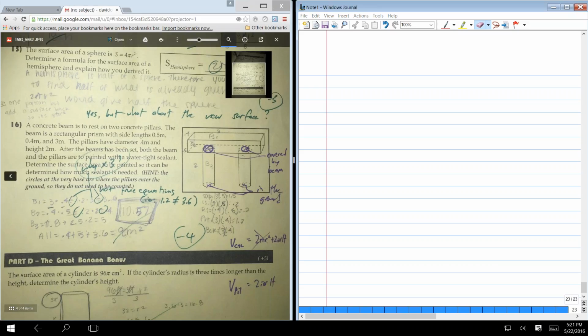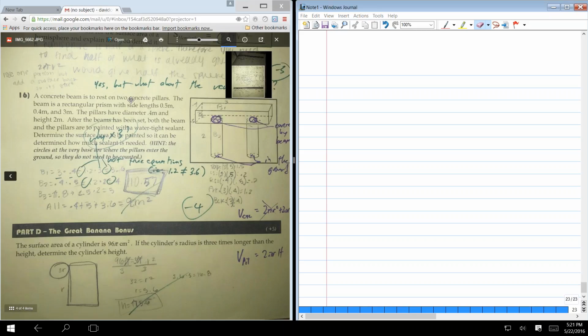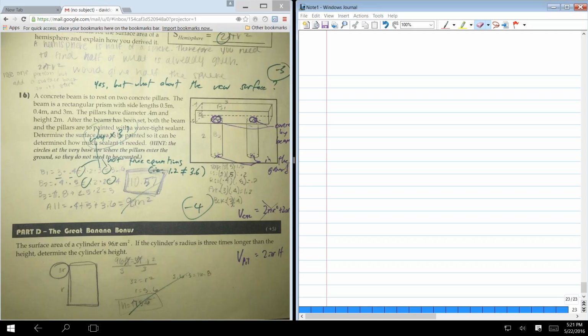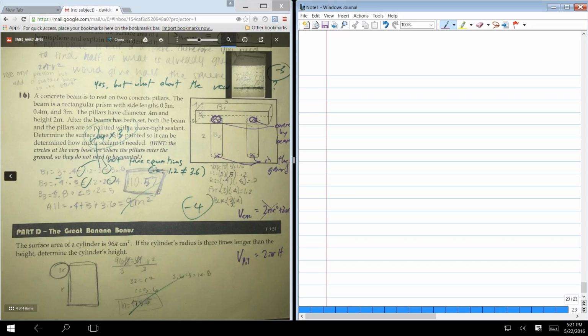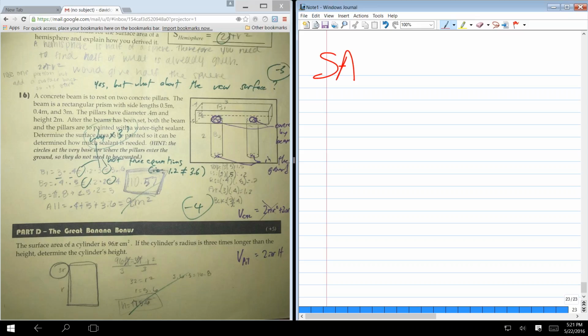Should we look at D? D's pretty easy. I bet you can do D now. Start with the general equation for the surface area of a cylinder. It's 2 pi r squared plus 2 pi r times h.